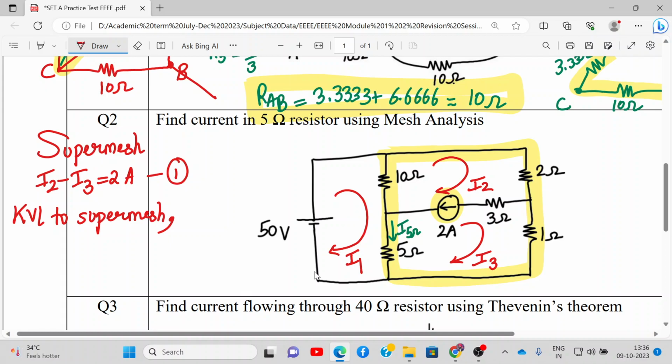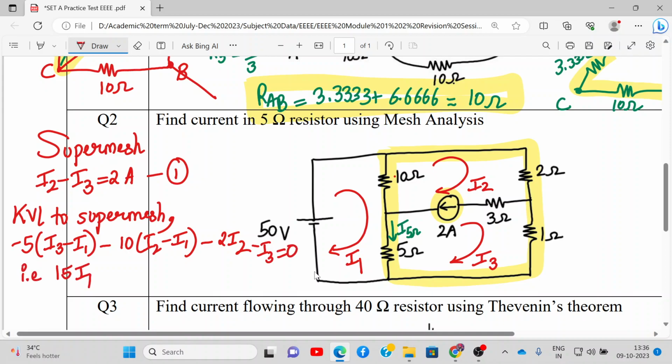So here the current will be minus 5 (I3 minus I1), minus 10 (I2 minus I1), then minus 2 I2, and here we come down, it will be minus I3 is equal to 0. We rearrange the terms, we'll get 15 I1 minus 12 I2 minus 6 I3 is equal to 0. Let's call this equation number 2.